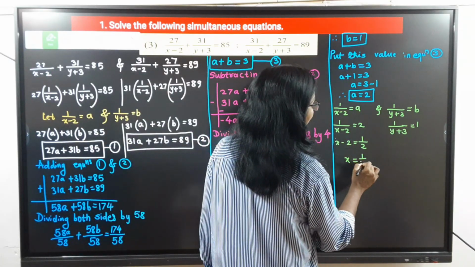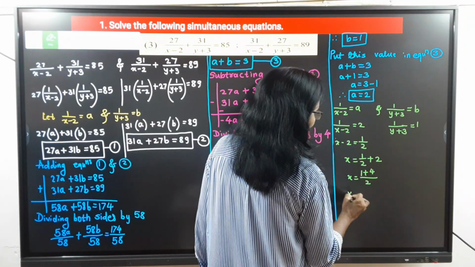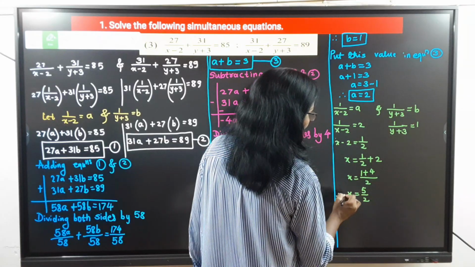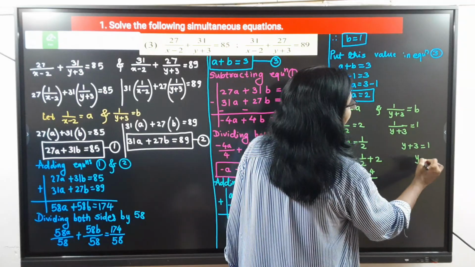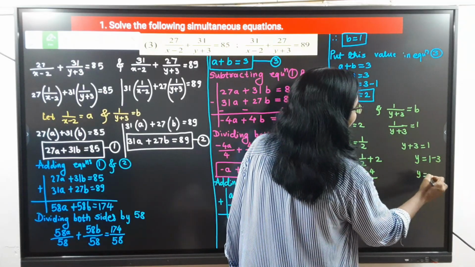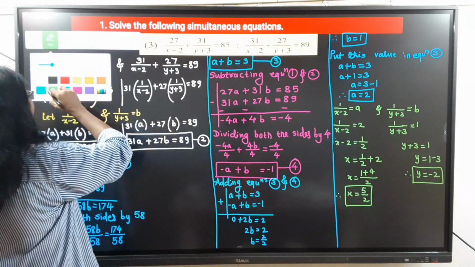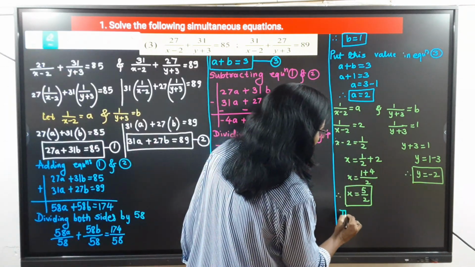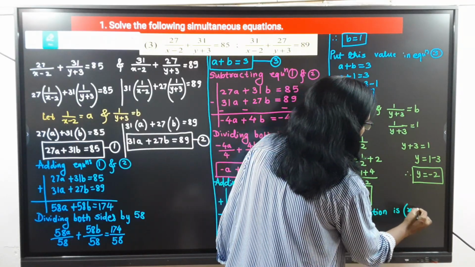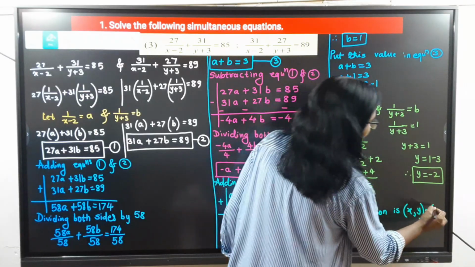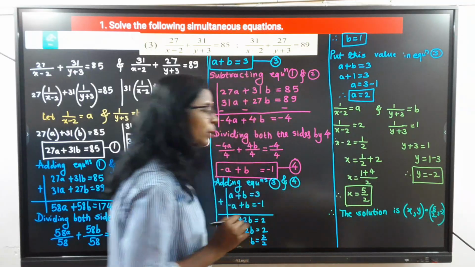Therefore x is equal to 1 upon 2 plus 2, so x is equal to 1 plus 4 upon 2, so x is equal to 5 upon 2. And here y plus 3 is equal to 1, therefore y is equal to 1 minus 3, therefore y is equal to minus 2. So finally we can say that the solution is x, y equal to 5 upon 2, minus 2.